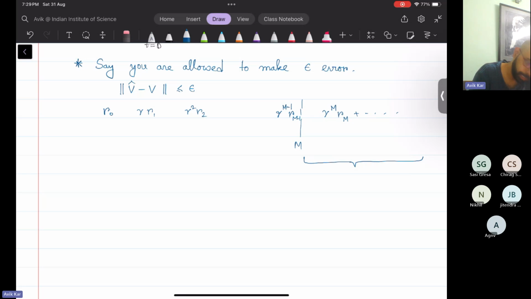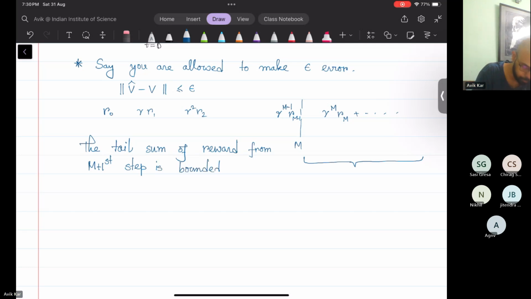It's easy to see that the tail sum of rewards from the n plus first state is bounded by gamma raised to n over 1 minus gamma.